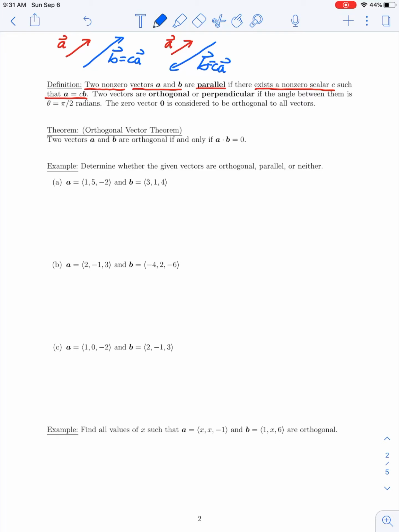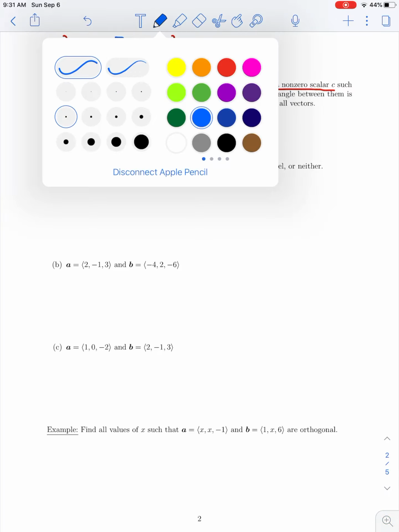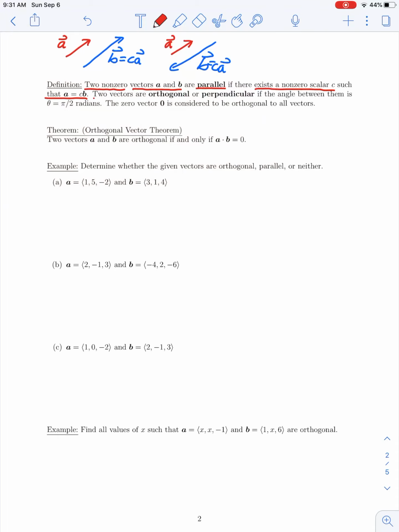So two vectors are parallel if they are non-zero scalar multiples of one another. Now we would say also that two vectors are orthogonal or perpendicular if the angle between them is theta equals pi over 2 radians.